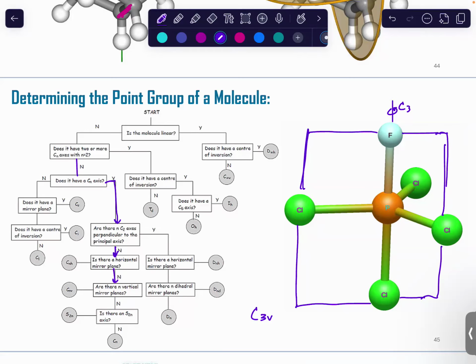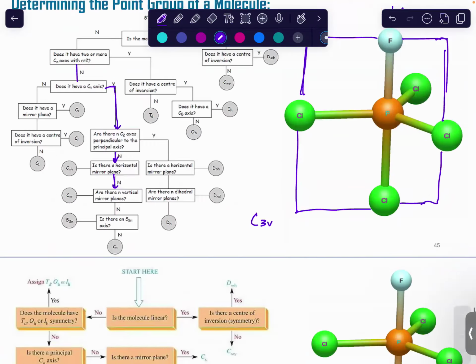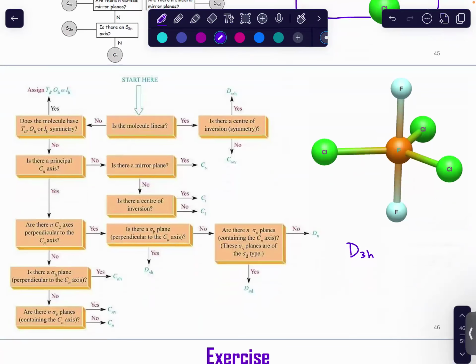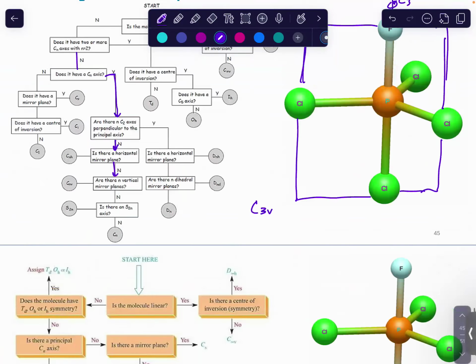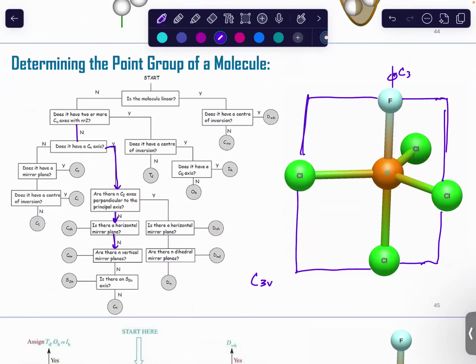Using both of these is going to be helpful. That's why I wanted to talk about what an S2N versus an SN is, because S2N is going to be on the flow chart.